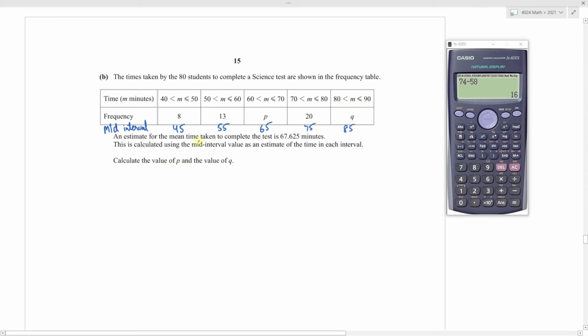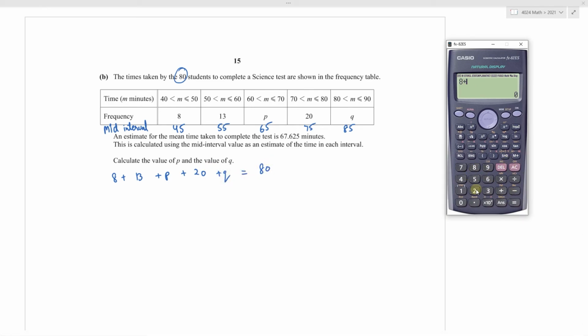So now you have to find two unknown values, P and Q. You need two equations. The first one: we add all the frequencies and they should add up to 80 because total students are 80. So 8 plus 13 plus P plus 20 plus Q will be equal to 80.